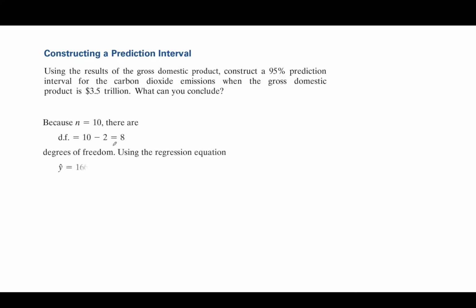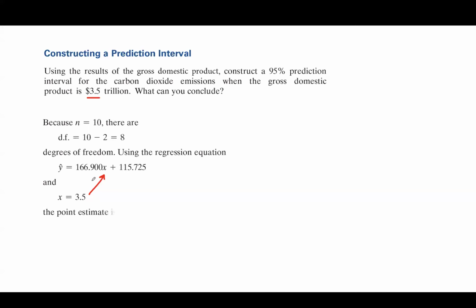The regression line that we came up with was y hat equals 166.900x plus 115.725. So in order to calculate y hat, we need to plug in 3.5 into the equation of the line.